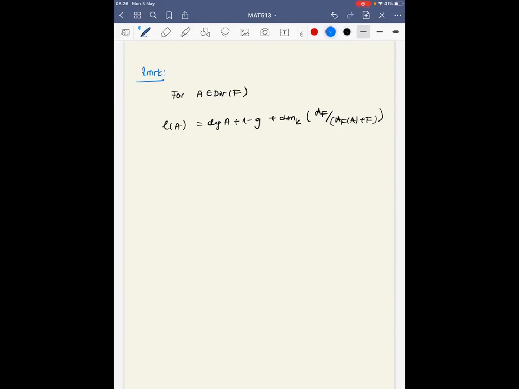And thanks to this interpretation, we can redefine the genus in terms of the index of specialty.